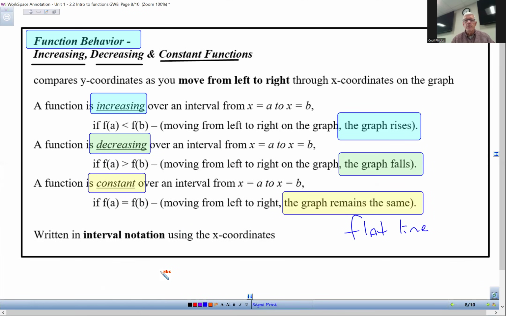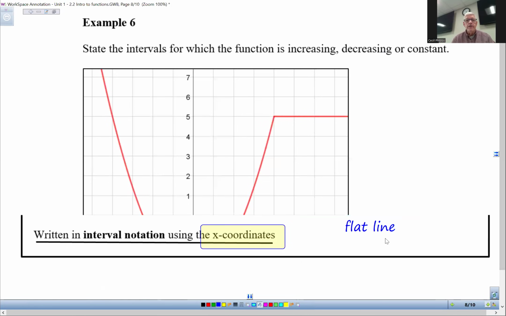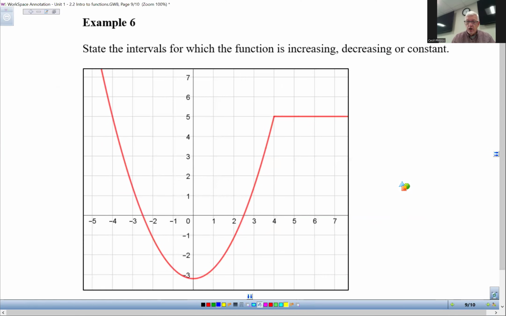Okay. So we're going to list all of these in interval notation based on the x coordinates. Make sure you're paying attention and you're listing your intervals as the x values. So again, we're always moving from left to right on our graph. Okay, here's our example. Starting on the far left, we move to the right. Our function is going down.